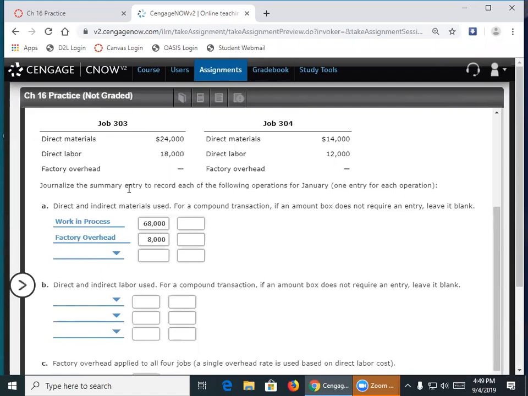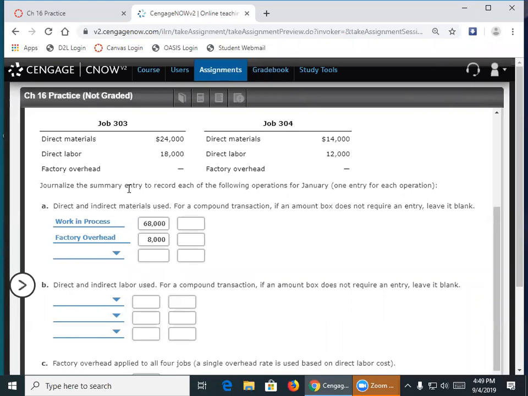So all total, we use like 76,000 in materials. So that full amount comes out of materials. So I would also credit materials for those indirect 8,000. Okay, so your journal entry is a compound one. So we keep direct and indirect materials together, and then all the separate amounts.